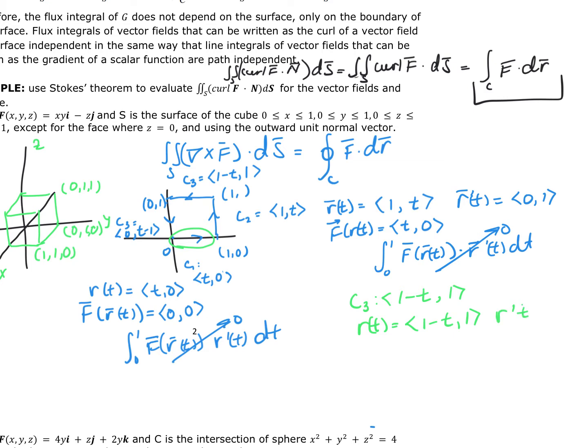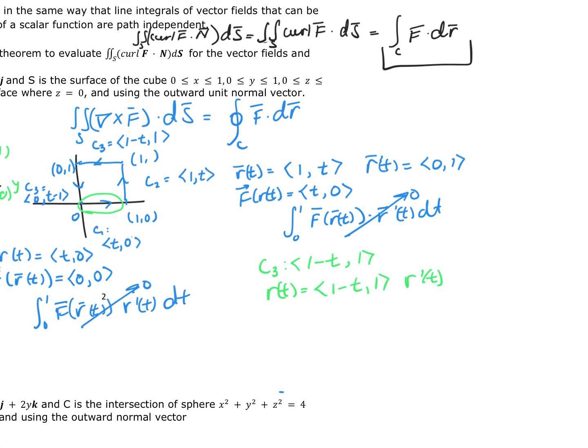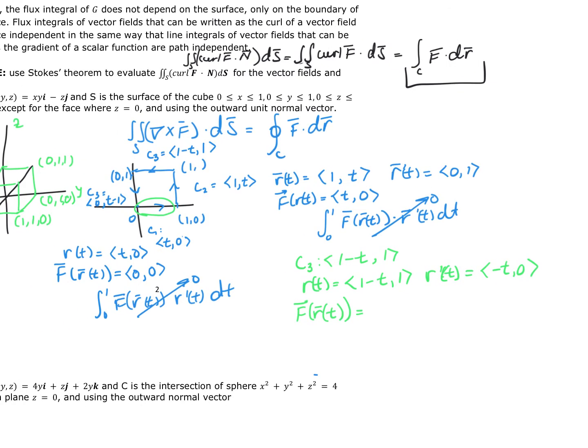R prime of t is going to be negative t, comma 0. That's not looking too bad. And then my F of R of t is going to be 1 minus t and 0. Oh, well, that's not too bad.